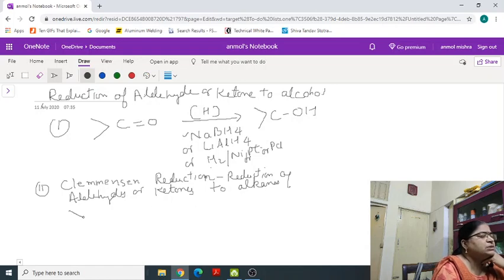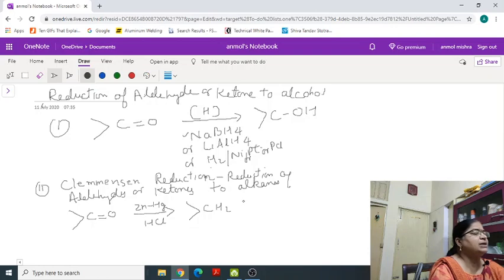So when an aldehyde or ketone undergoes reduction in the presence of zinc amalgam and HCl, it forms an alkane of the same carbon atoms.